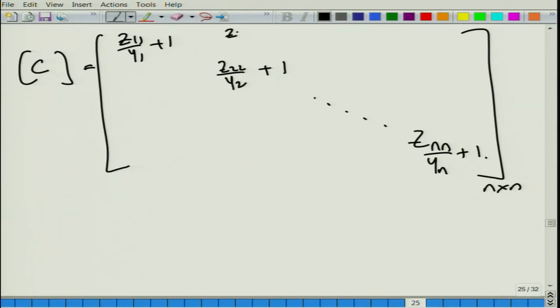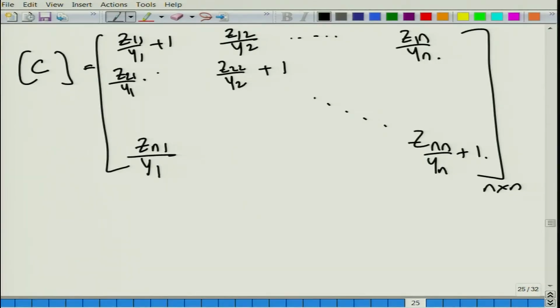It is Z12 by Y2, and we get Z1n by Yn, and Zn1 by Y1, and this is like this. So, like this one can populate the entire thing to get the C matrix.